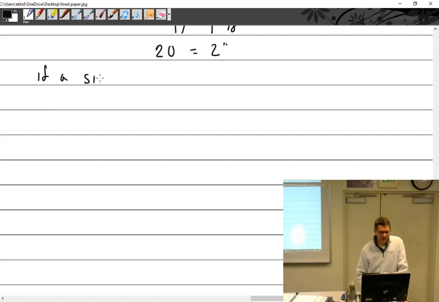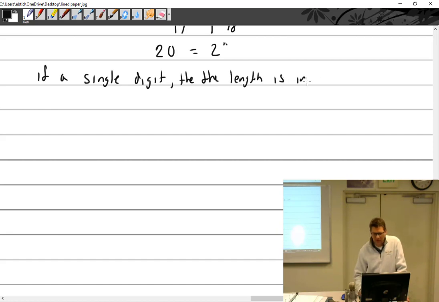So if it's a single digit, then the length is in 8ths, and that would be -3 through 7.